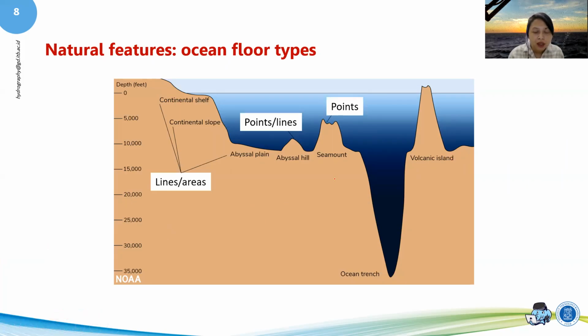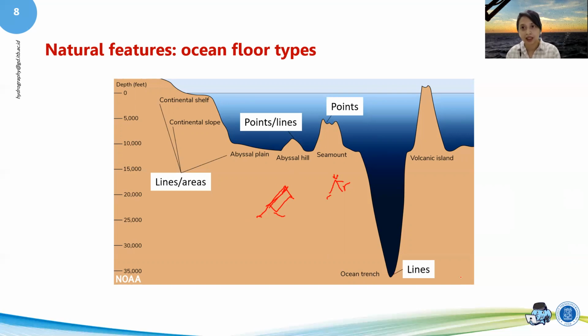Seamounts normally look like this, so you can see them in 3D. You only have one summit. But an abyssal hill sometimes looks kind of like this, if you understand what I mean. They are basically lengthened somehow, so you can draw them as lines as well. And then for oceanic trenches, normally you draw them as lines.